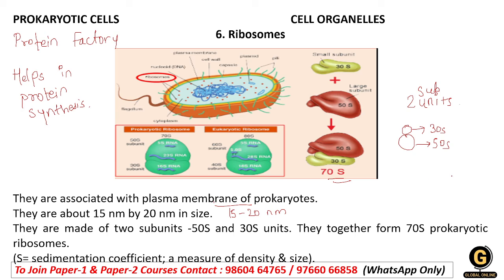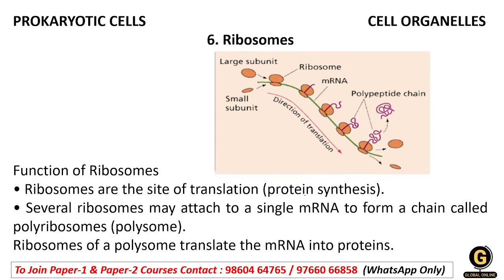S is the sedimentation coefficient, a measure of density and size. Now these ribosomes have special functions. Ribosomes are the site of translation, that is, protein synthesis. So the first function is protein synthesis.